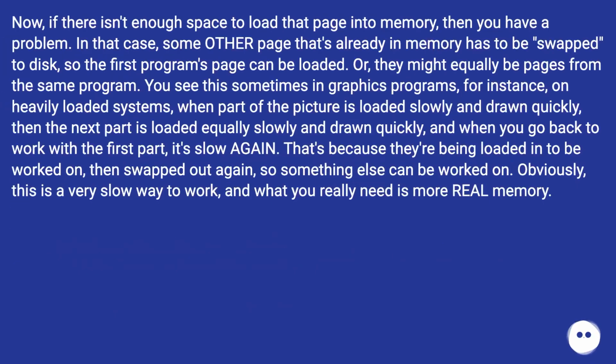Now, if there isn't enough space to load that page into memory, then you have a problem. In that case, some other page that's already in memory has to be swapped to disk, so the first program's page can be loaded. Or, they might equally be pages from the same program. You see this sometimes in graphics programs, for instance, on heavily loaded systems.